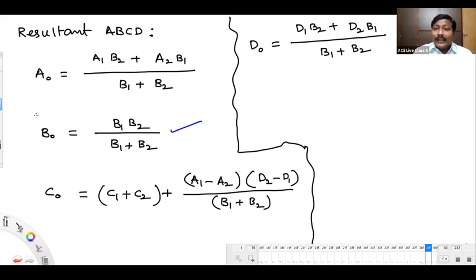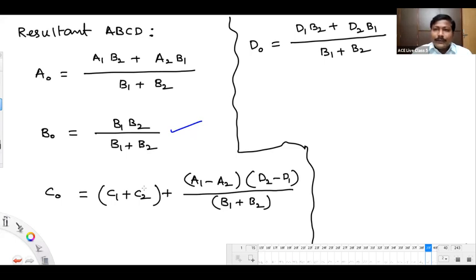Similarly, two lines in parallel with shunt admittances Y1, Y2. What's the resultant? Y1 plus Y2. Here it is C1 plus C2.